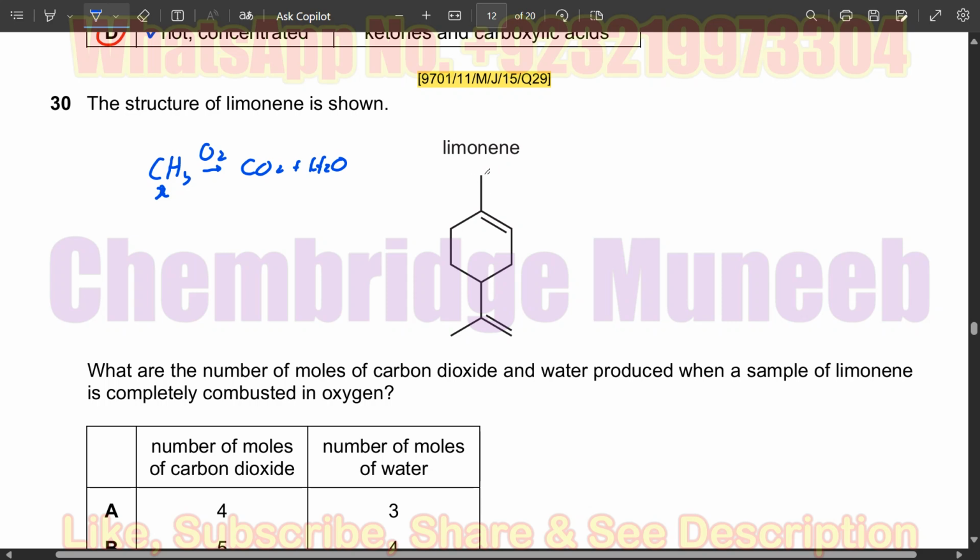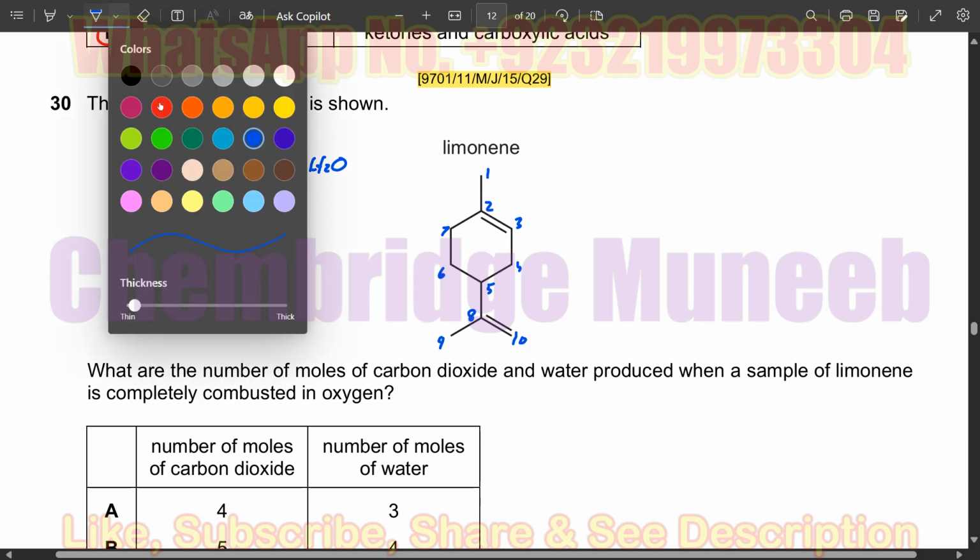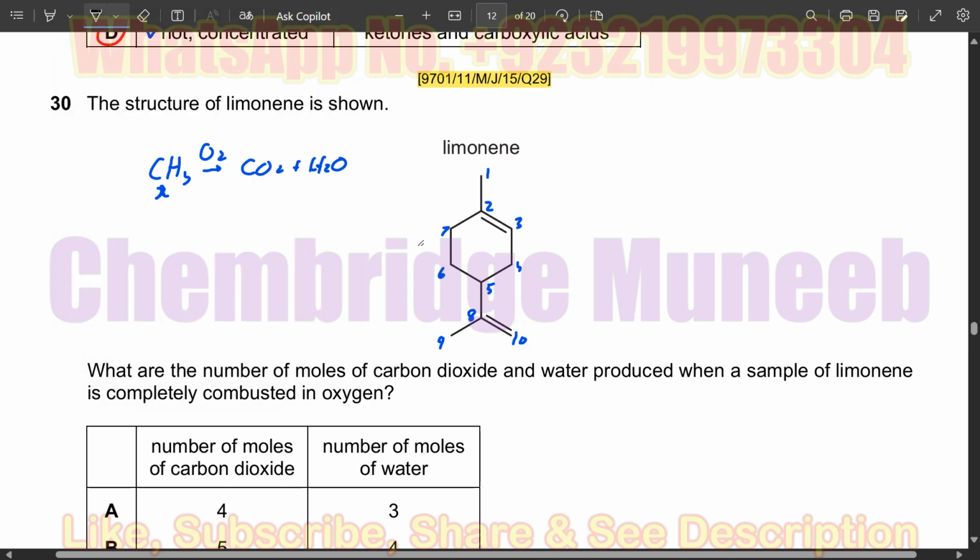I'm going to label carbon atoms here: 1, 2, 3, 4, 5, 6, 7, and then we have 8, 9, and 10. We have 10 carbon atoms here. Now we check the number of hydrogen atoms. There are 3 hydrogen atoms here, and then we have no hydrogen at position number 2. But there is 1 hydrogen at position number 3, so it will become 4 hydrogen total.